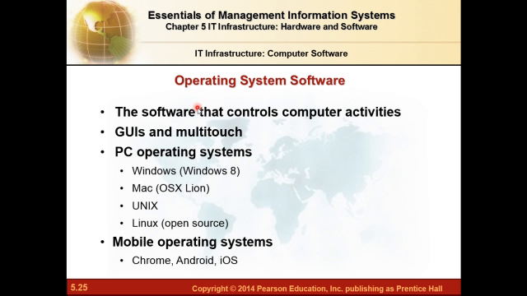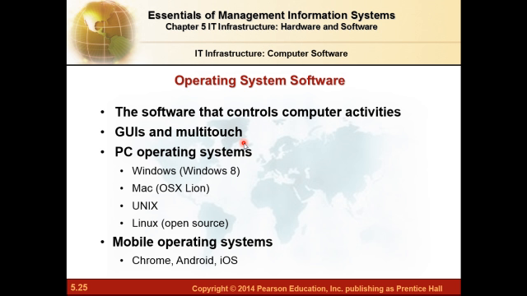Next we will look one by one. The first one is operating system software. The operating system software controls all the computer activities. It has GUIs, graphical user interface, and nowadays it has changed to multi-touch. Multi-touch is, for example, on the smartphone, you touch everywhere in order to go to your application.